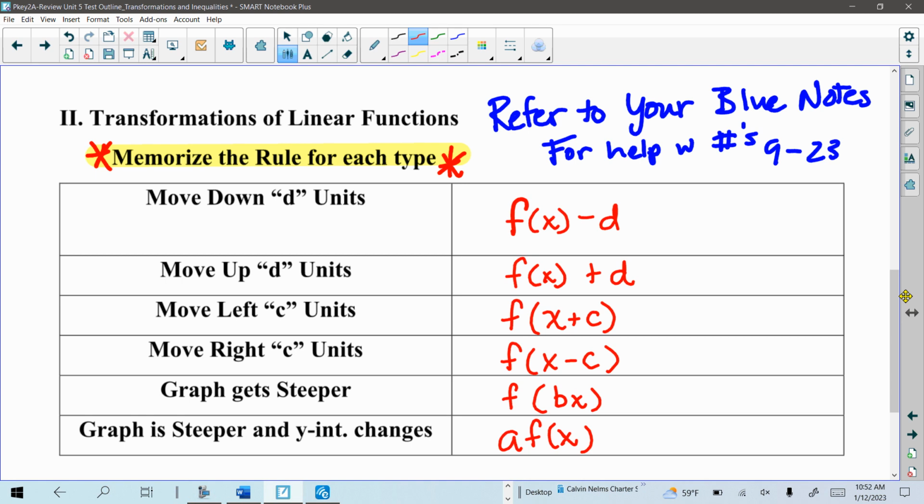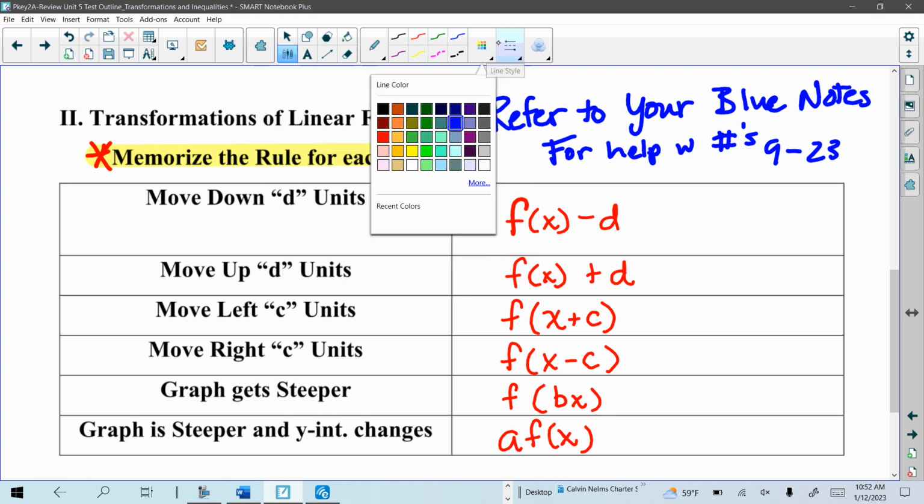All right, so on this section, you need to refer to your blue notes because they have all the transformation rules on them. Basically, I've already stated you need to memorize the rule for each type. So anything that requires you to move down or up, right here.